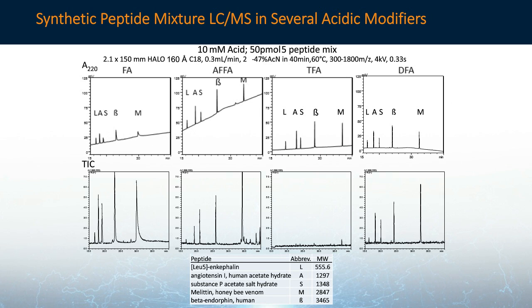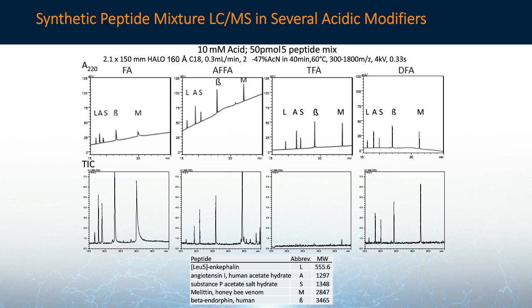This was also looked at for synthetic peptides, and again, similar performance was observed. On the top panels are UV traces, and the bottom panel is the total ion current for the mass spectrometer.